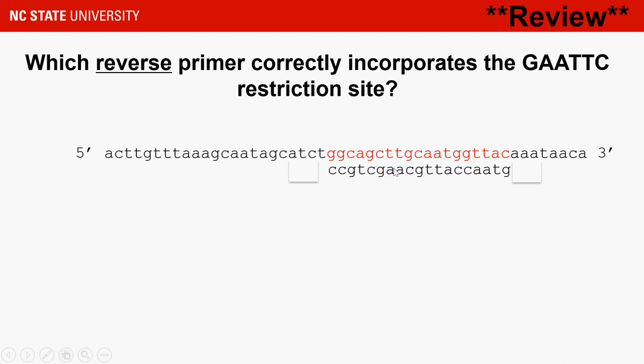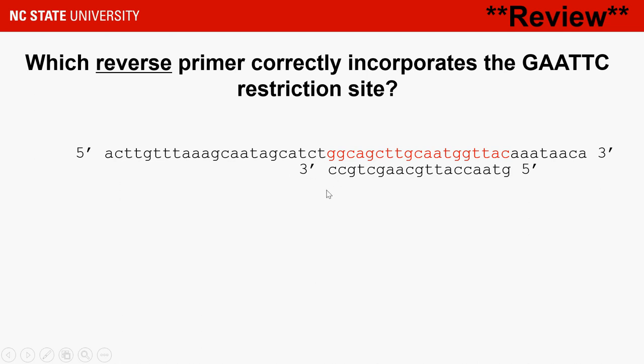So we can write down that, which is CC GT CGAA CGTT ACC AATG. For the sense sequence, the left is 5' and the right is 3'. For the complementary reverse primer, it will be opposite. So this will be the 5', this will be the 3'.